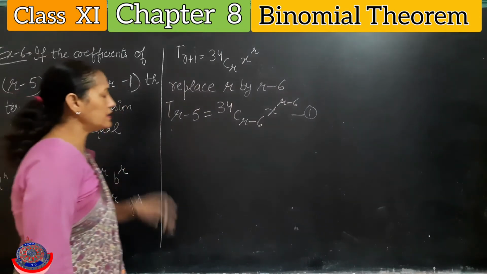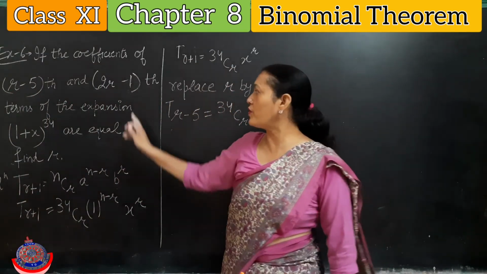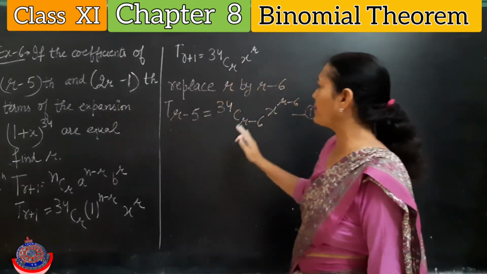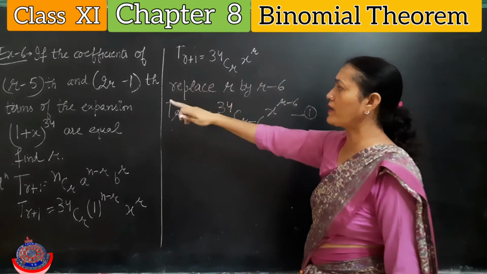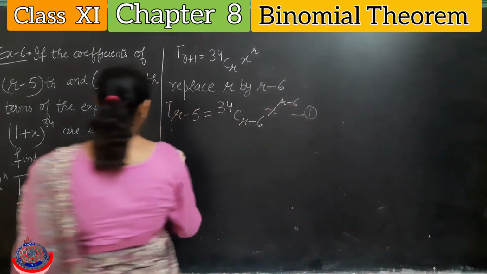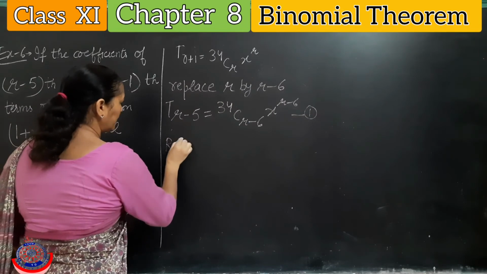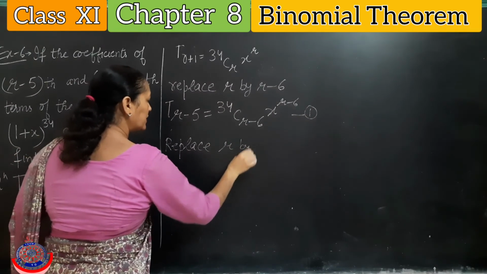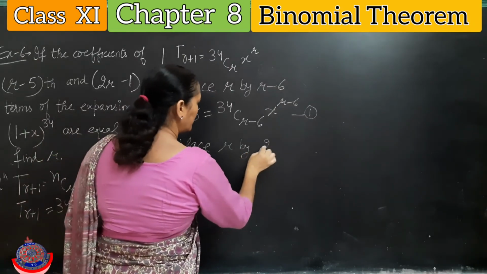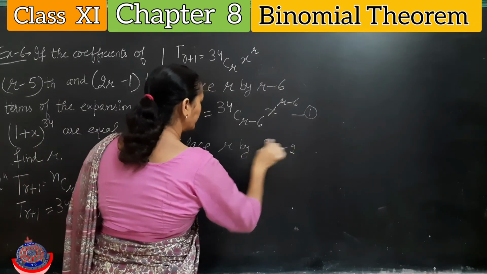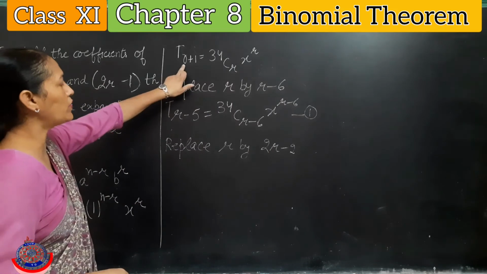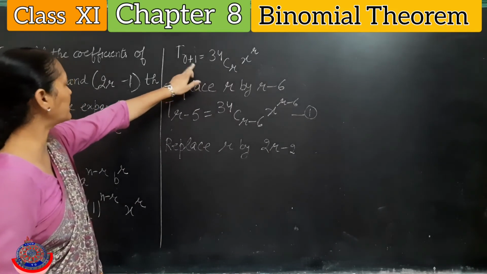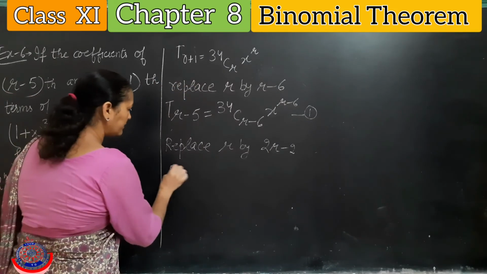For the second term, that is 2r minus 1, we will have to replace r with 2r minus 2. If we replace r with 2r minus 2, here we will have 2r minus 2 plus 1, so it will become 2r minus 1.